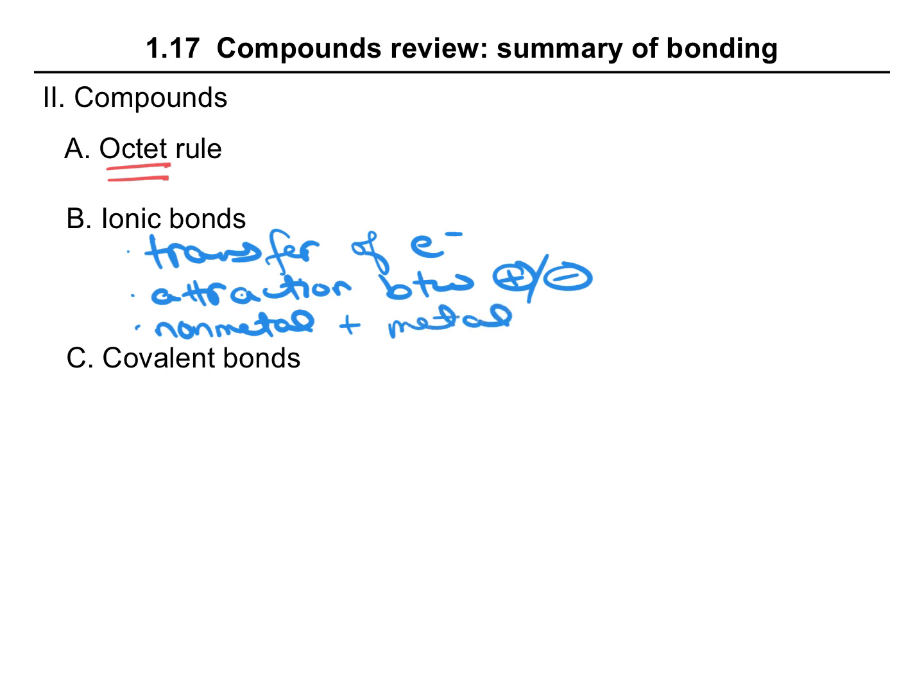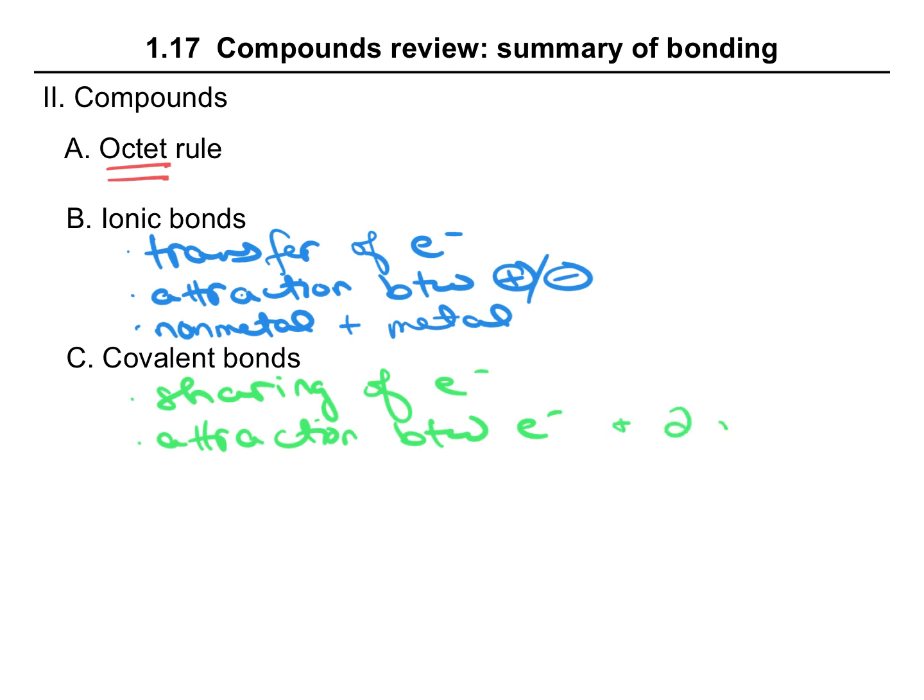Covalent bonds, here we are talking about a sharing of electrons. The bond is because of the attraction between the shared electron and the 2 nuclei. Covalent bonds occur between a nonmetal and another nonmetal.